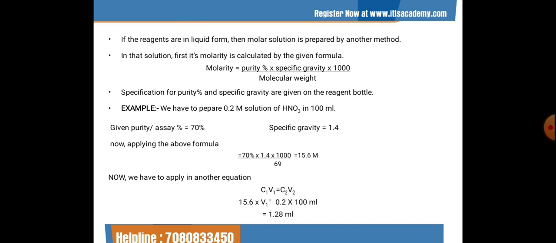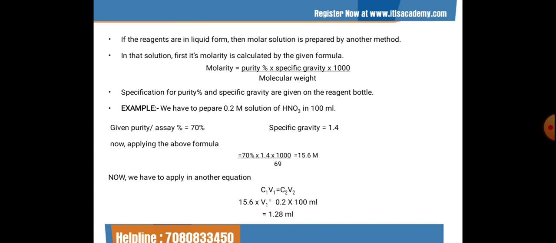In the previous slides I told you about calculating molarity by the gram weight, meaning that whatever solution we want to make, we take the solute in solid form. That is why we calculate the gram weight required for making a particular solution. Now what happens if the solute is present in liquid form?